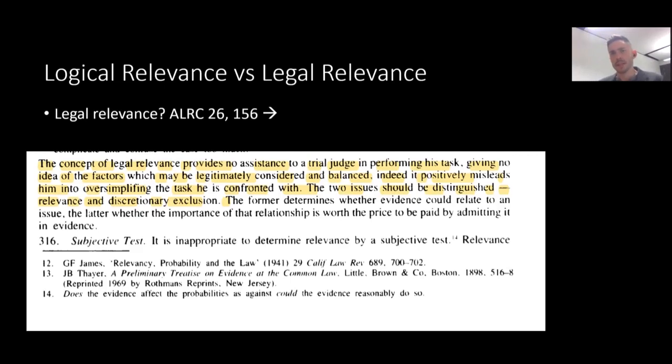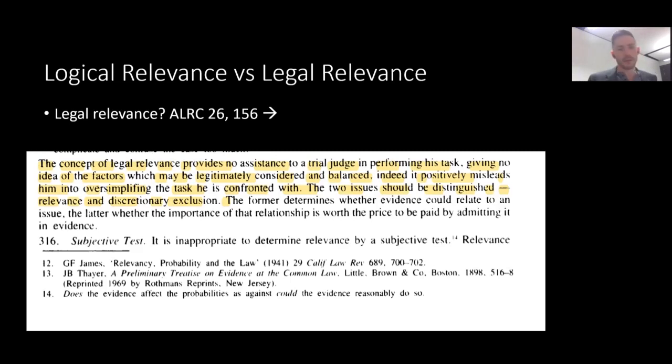What we have now is a rule that says evidence is relevant if it just has a logical bearing on a fact in issue, but it still may be excluded, as we'll talk about, if it has low probative value or its probative value is exceeded by its unfair prejudice, as a discretionary exclusion.